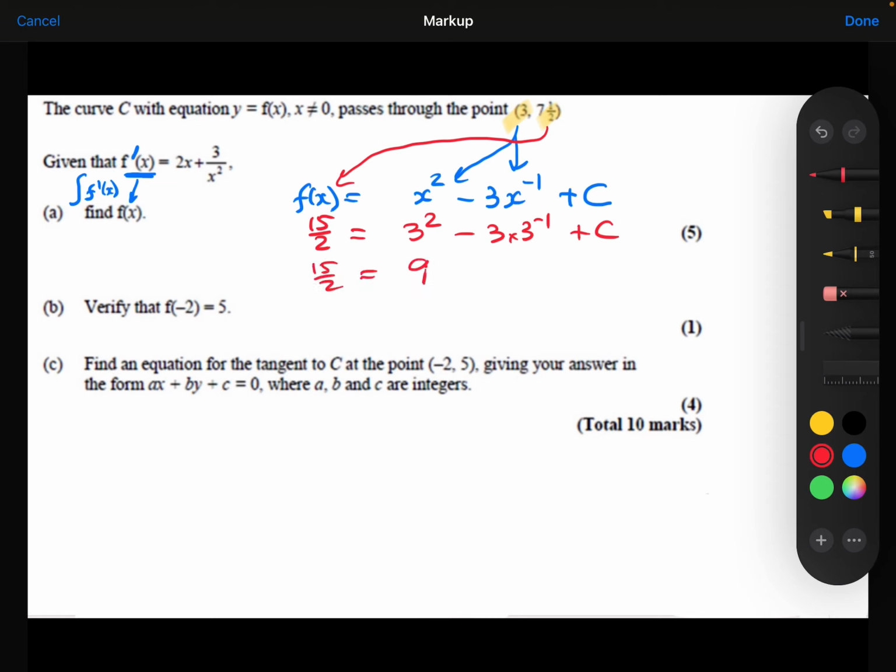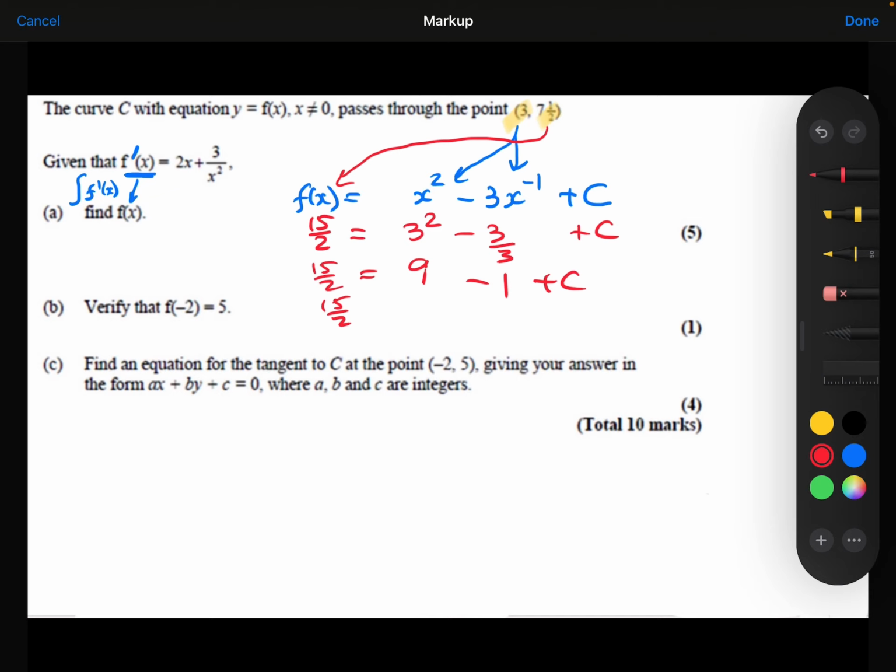Three squared is 9. This 3 to the power minus 1 here is just like me writing 1/3. So that's going to simplify to be 1 plus the c.